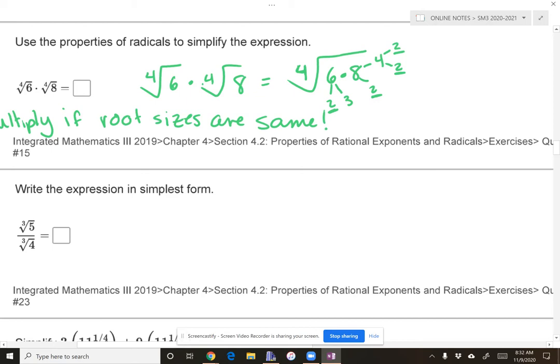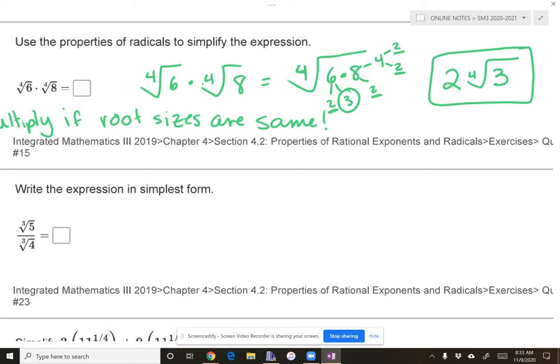Since I have 4 of those, I can bring them outside of the root, and whatever's left, which is this 3, has to stay in. So that is the simplified best answer. Okay? It doesn't say using a calculator, so if I plug that into my calculator, I'd get this decimal, and it doesn't want a decimal, so I have to do the exact answer by simplifying the root.